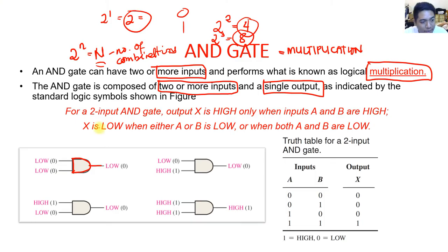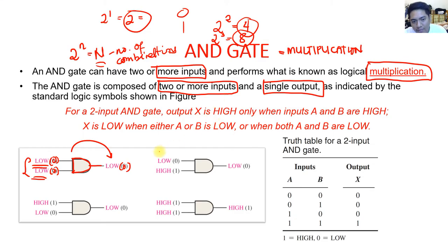So for example, if you have an input of 0 and another 0 here, 0 times 0 would be 0. So if you have both low inputs, undoubtedly it will produce a low output, because 0 times 0 would be 0.